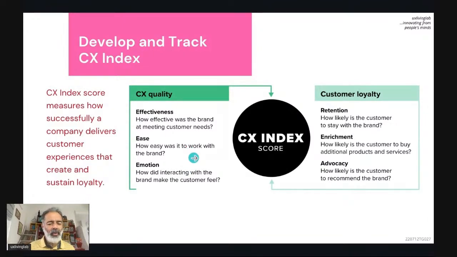Then emotions. How did the interaction with the brand make the customer feel? When they want some assistance and talk to the brand, does it create an emotional attachment? Otherwise, it will always go to an automated system and automated bot, and it will say something else. When he is asked what he wants, he says, "I am in Delhi," something like that. Oh, all these bots are horrible.